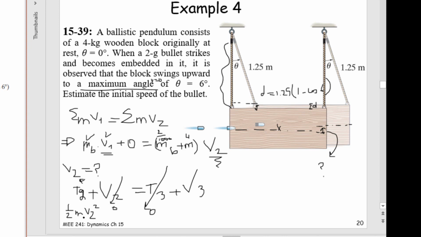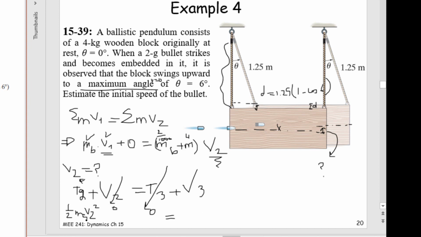So half m V2 squared is equal to m g h, and it's positive because it's moving upward, since the position of this wooden block is above the datum.